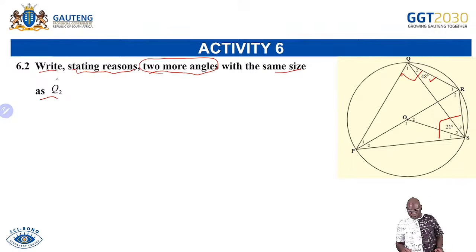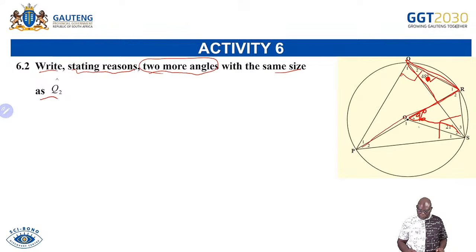Now, I'm coming to my sketch now. This angle here is 48. First of all, there's an angle at the center, twice angle at the circumference. So that angle here is 96. Angle at the center, twice angle at the circumference.